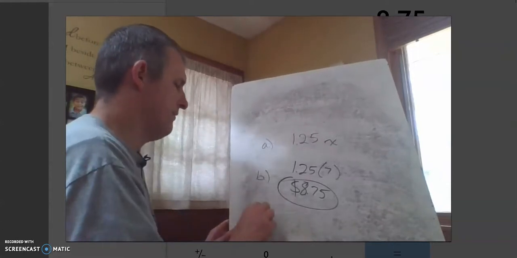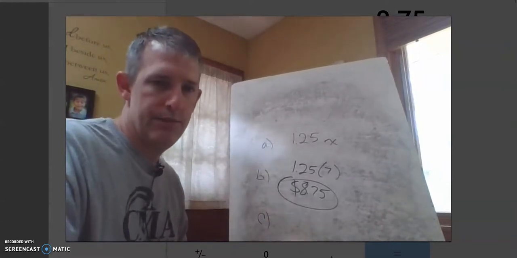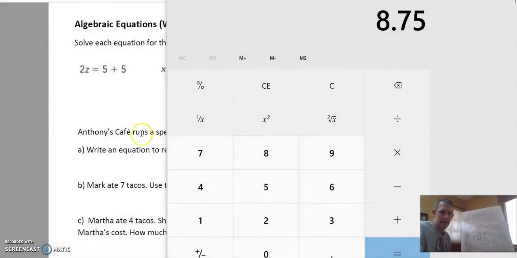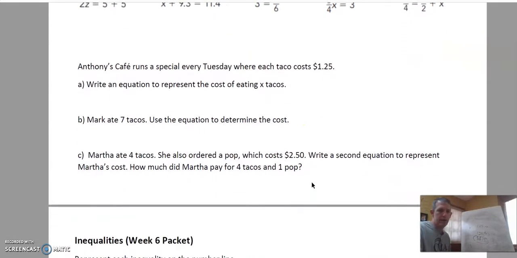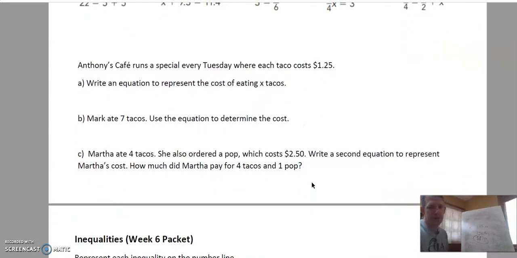And then C asks, if Martha ate 4 tacos, she also ordered a pop which cost $2.50. Write a second equation to represent Martha's cost. How much did Martha pay for 4 tacos and 1 pop? Okay, well, the same price here. It's $1.25 per taco, so per x, plus a pop, which costs $2.50.